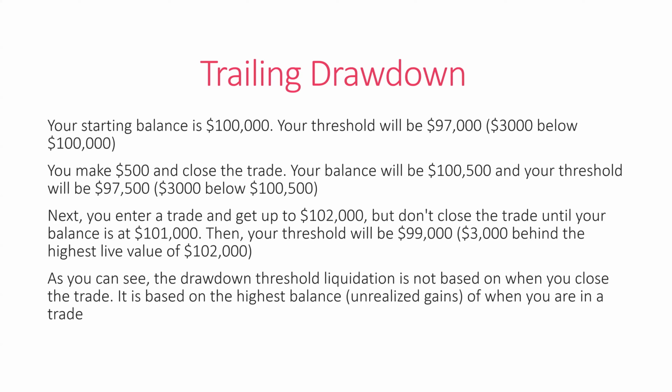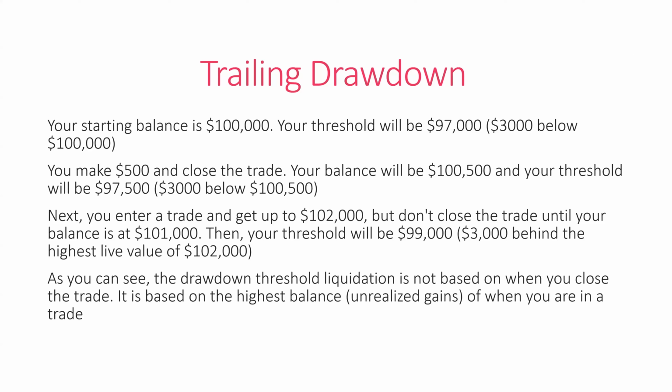So, for example, with Apex, if you get slid up on your trailing drawdown, it could be 257,000 on a $250,000 account. It goes right up behind you. There are other prop firms that stop at the initial value.